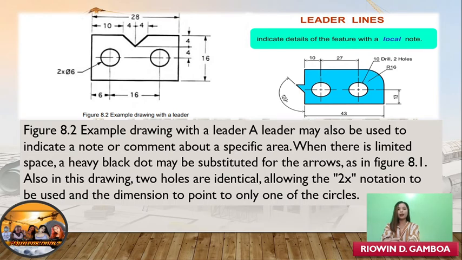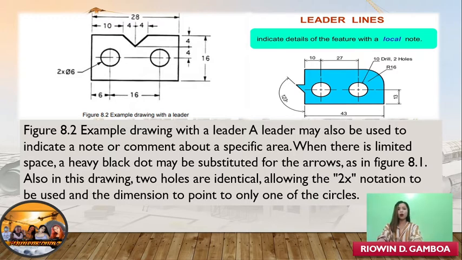So, a leader line with an arrow identifies a location. A leader line with a dot identifies a surface. A leader to a circle should be drawn so that it would pass through the center of the circle if it is extended. Notes or dimensions that pertain to a surface or part use a leader line.